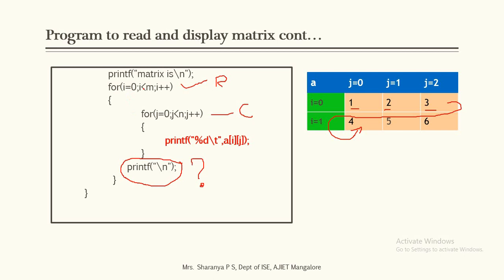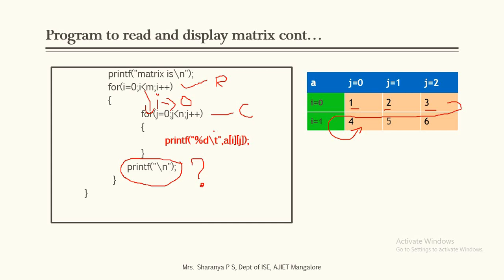After finishing the first row with the value I equal to 0, we are supposed to perform this operation. That's why inside this for loop, we are mentioning a new line, that is \n, backslash n. That allows the control to move to the next line. And then after that, it is going to print the next set of elements.